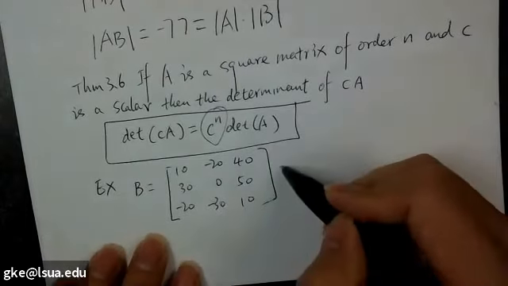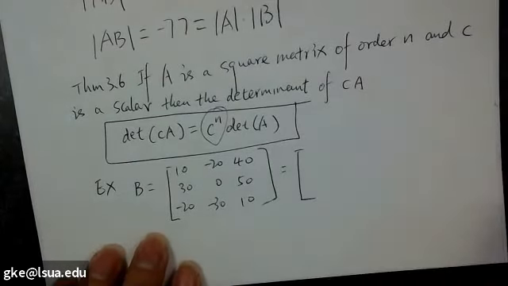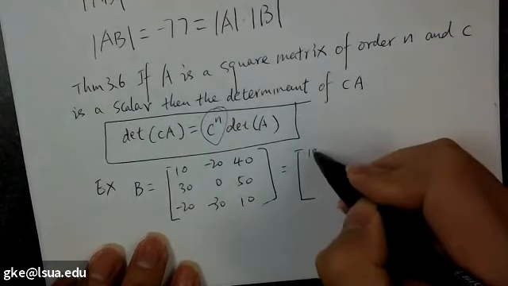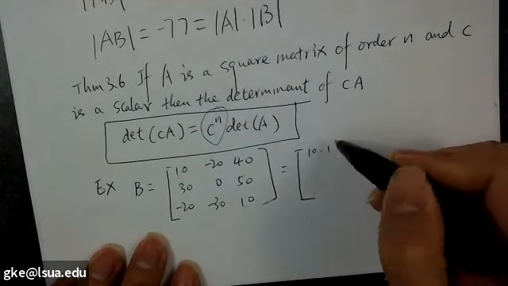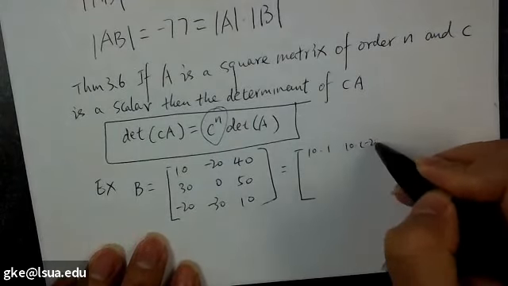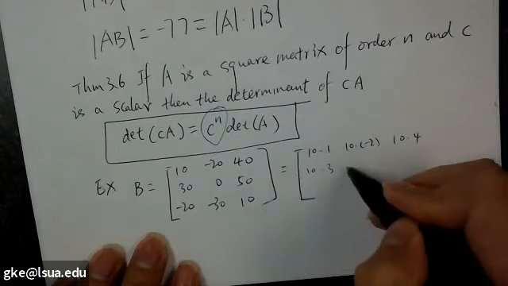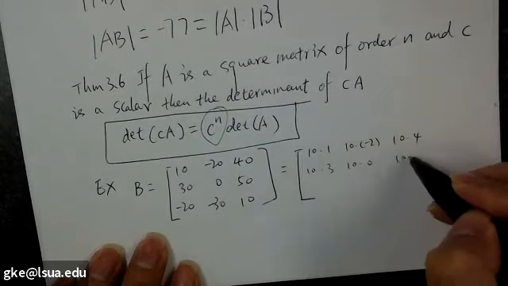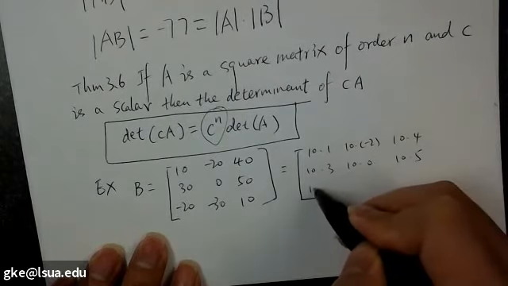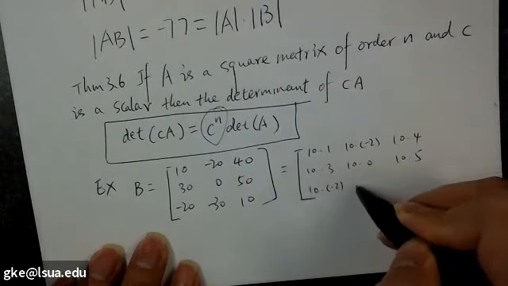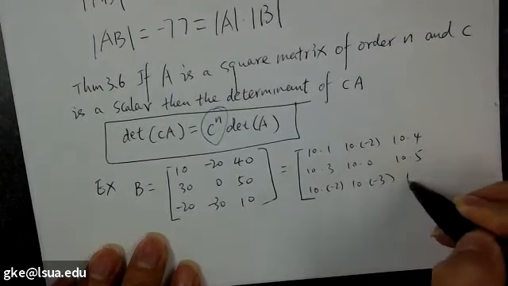As we can see, in each element here we have 10 times 1, 10 times negative 2, 10 times 4, 10 times 3, 10 times 0, 10 times 5, 10 times negative 2, 10 times negative 3, 10 times 1, right?